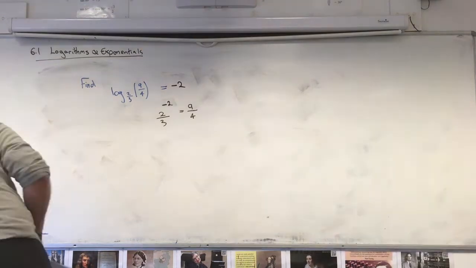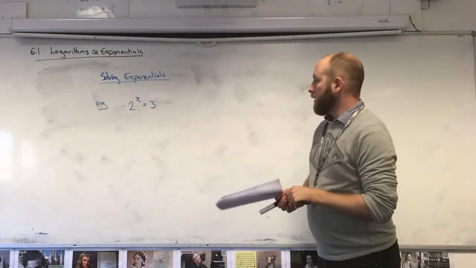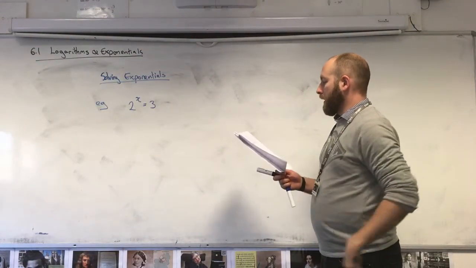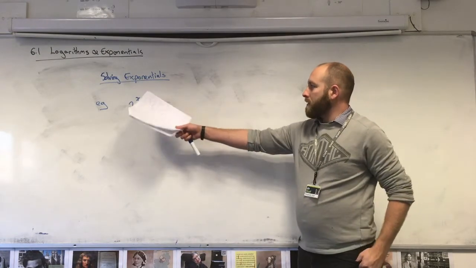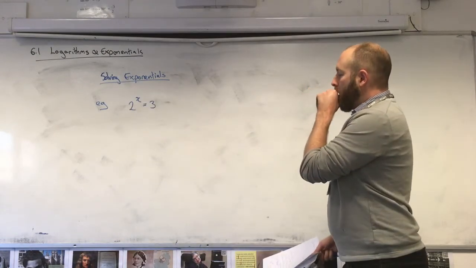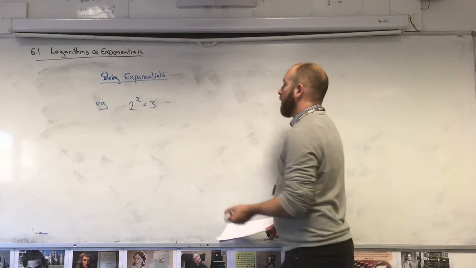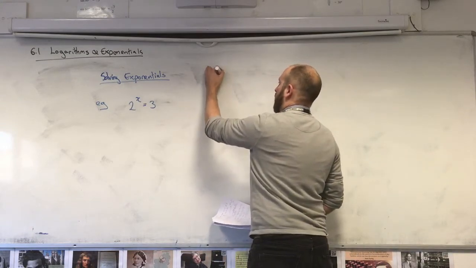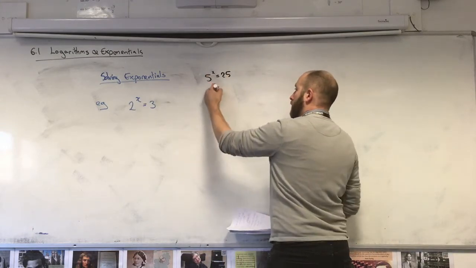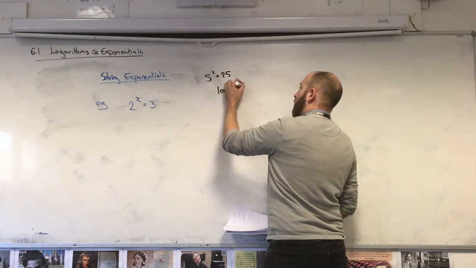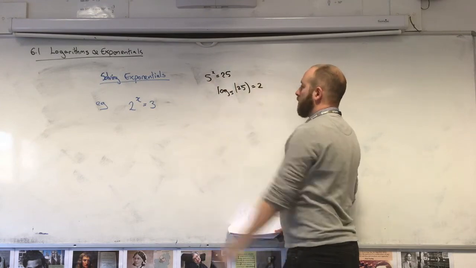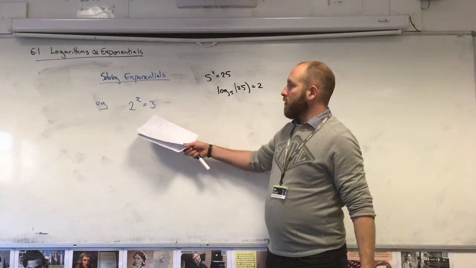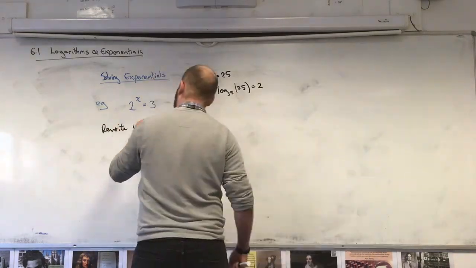Cool. Okay, another good use of logs is something like this. We've got 2 to the power something is 3. Now what we could do is say, well, if I write up here 5 squared is 25, we all know now that log to the base 5 of 25 is 2. We can rewrite this exponential in log form.